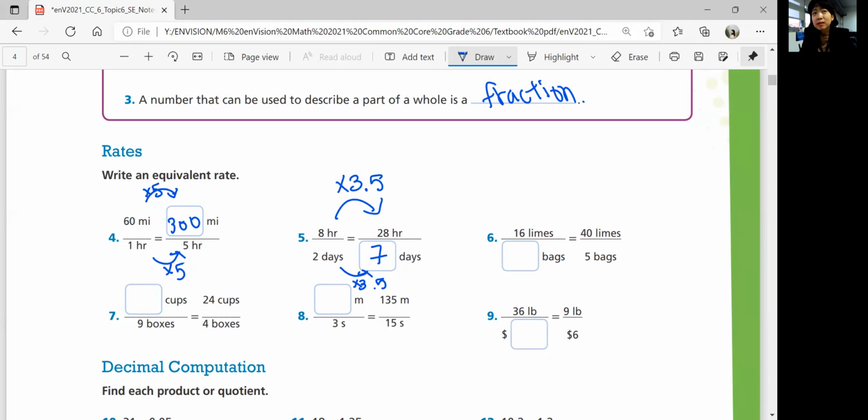Number 6, 16 limes over blank bags is equal to 40 limes over 5 bags. So we want to know how to get from 5 to this blank, right? From 40 to 16, what did you do?